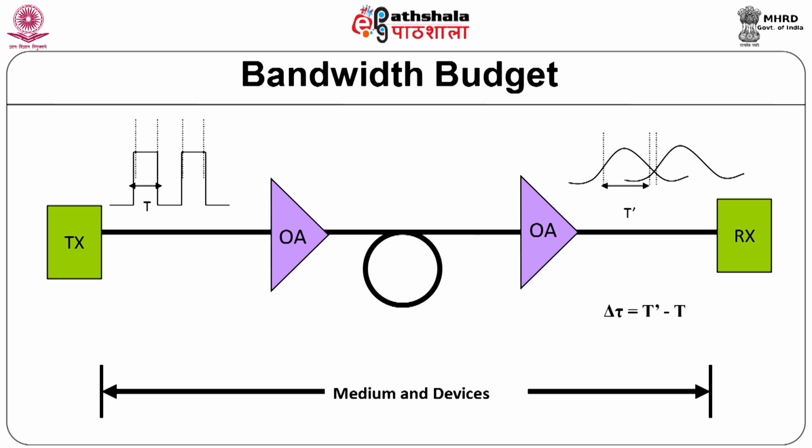So if we consider the system as such, if the transmitter is sending the digital data, that is the pulses, then they are properly amplified using optical amplifier, transmitted through the fiber, and at the receiver end we can see some dispersion effects as shown in the figure.